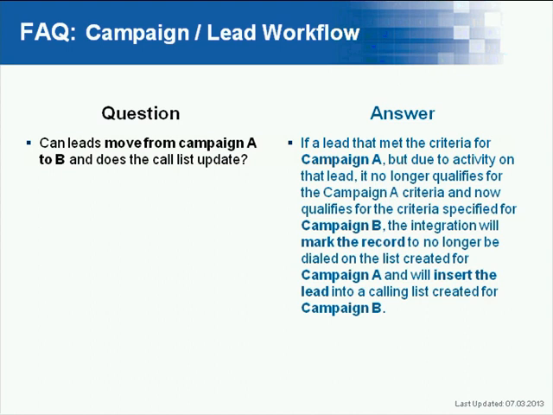So, Josh, can leads move from campaign A to campaign B, and does the call list update when this occurs? Yeah, actually, that's a great question. If a campaign has a record, but you call on that record, and for whatever reason you're no longer able, or it's no longer qualified to call on that record, Noble Systems can automatically exclude that record from being called again on the first campaign.